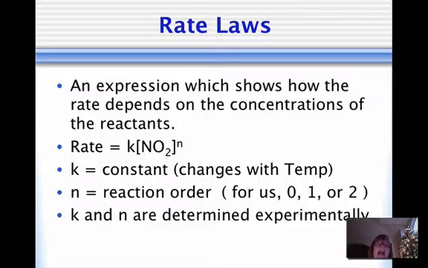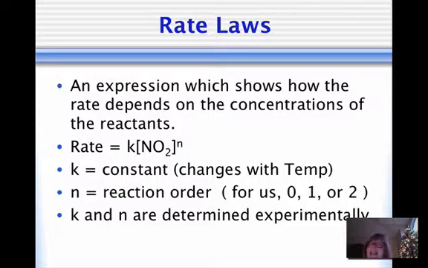All right, n is the reaction order, and for us, we're going to be looking at 0, 1, and 2. So zero order, first order, and second order reactions for the most part. They can be a fraction, they can even be negative numbers, but we're just starting out, so we'll keep it fairly simple. Now, that reaction order n can only be determined experimentally.